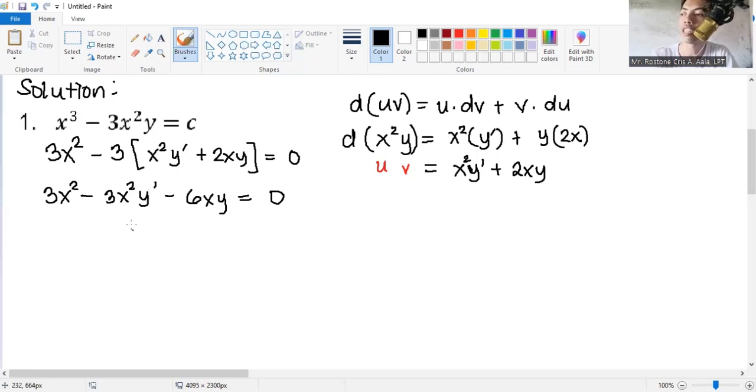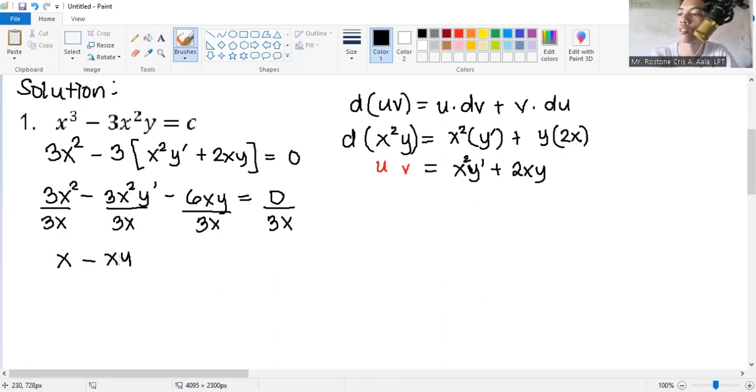So this differential equation can be reduced by dividing all by 3x. Kasi yun yung pinaka common factor nila. So we can divide it all by 3x. Para mas simple ang ating sagot. So, 3x squared divided by 3x, we have x. 3x squared y prime divided by 3x, that is xy prime.